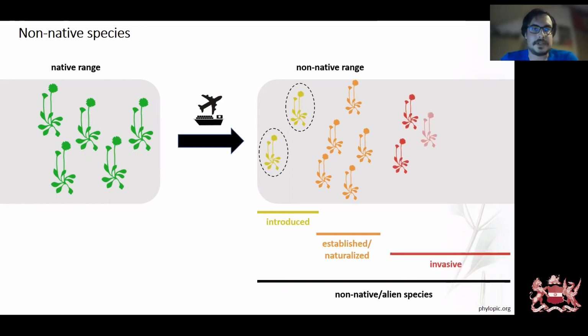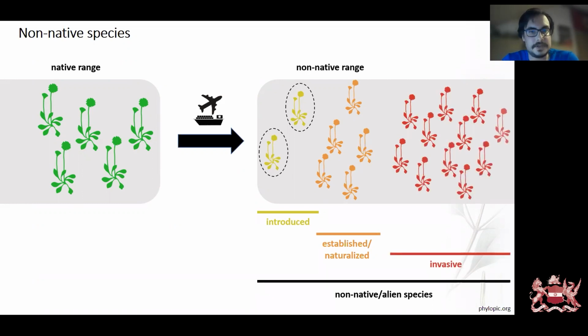And then we have this last group of invasive non-native species, as they're normally called, which are species that have a strong ability to spread in natural habitats, and species that can inflict negative ecological or socioeconomic impacts. And this depends a bit on the definition you're using and the context. And this also is the smallest fraction of non-native species in total.